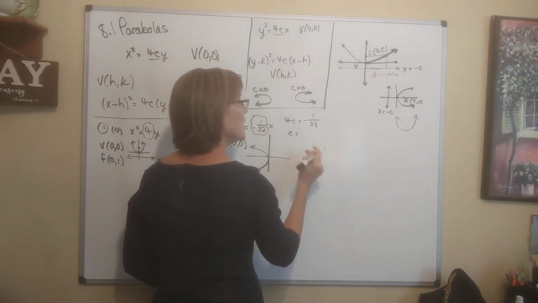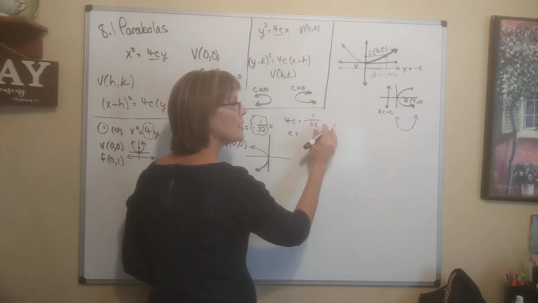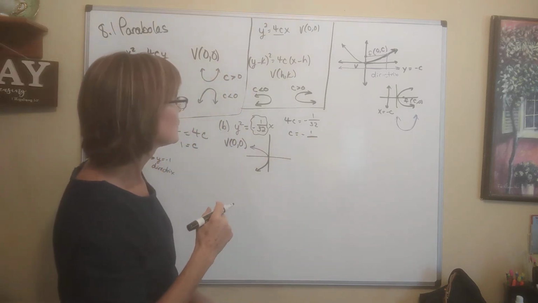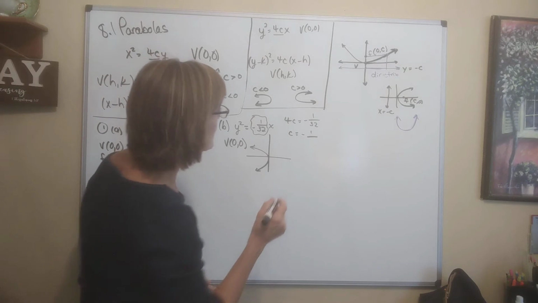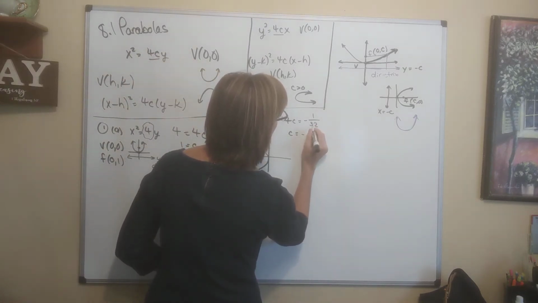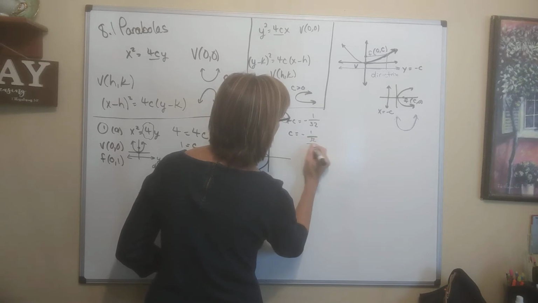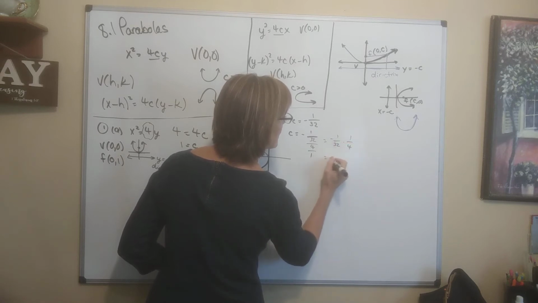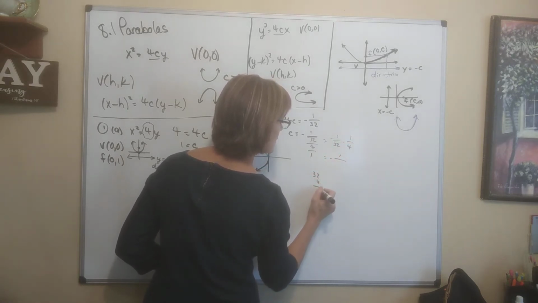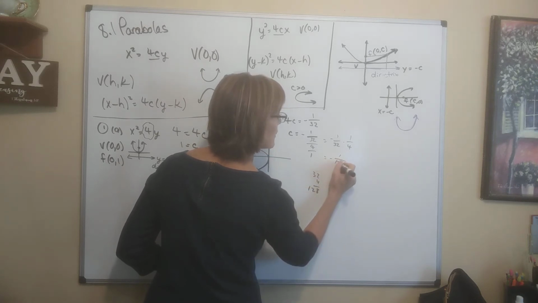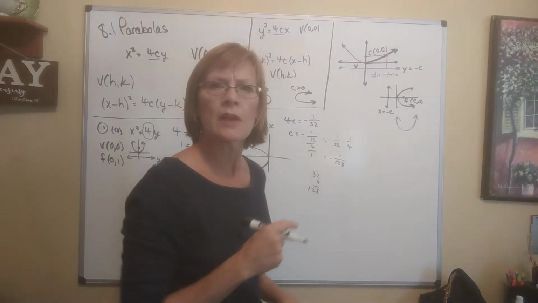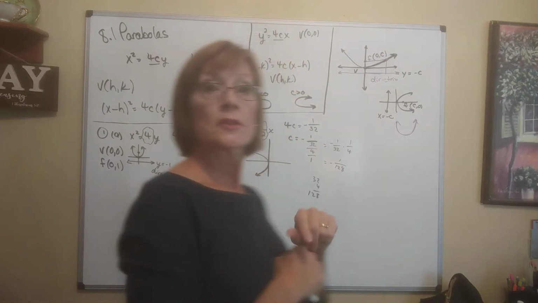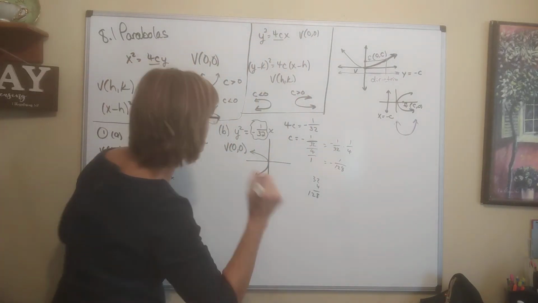Negative 1 over 32 divided by 4 is negative 1 over 32 times 1 over 4, which is negative 1 over, wow, what is that? 128. Let me just make sure I haven't made a mistake here. Okay, so that was correct. Negative 1 over 128, it just was such a tiny number.